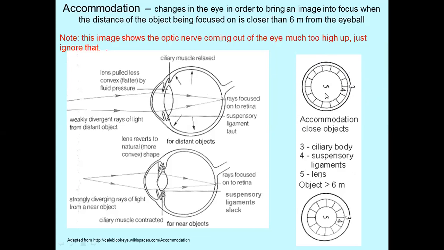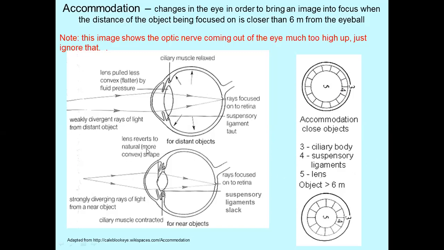And so instead of interpreting it as the lens, the suspensory ligaments, and the ciliary body, they interpreted it as the pupil and the iris. And they answered that entire question incorrectly, and they got naught for that whole question. So be very careful. Are they asking you about accommodation, or they're asking you about the pupillary reflex? And are they talking about the lens, suspensory ligaments, and ciliary body, or they're talking about the pupil and the iris, which looks very similar here.